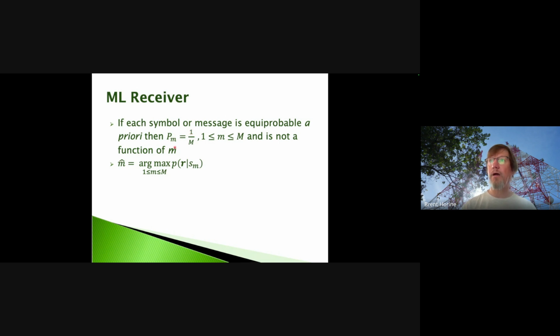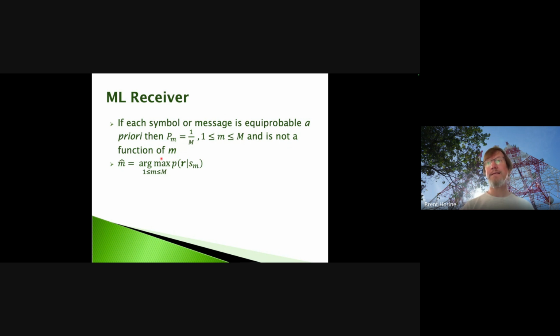So the probability of any given one of those symbols being sent would be 1 over 8. That's 0.125, right? And it is not a function of what little m is actually being sent. So it's equal probable, they're all equal and therefore not a function of m.